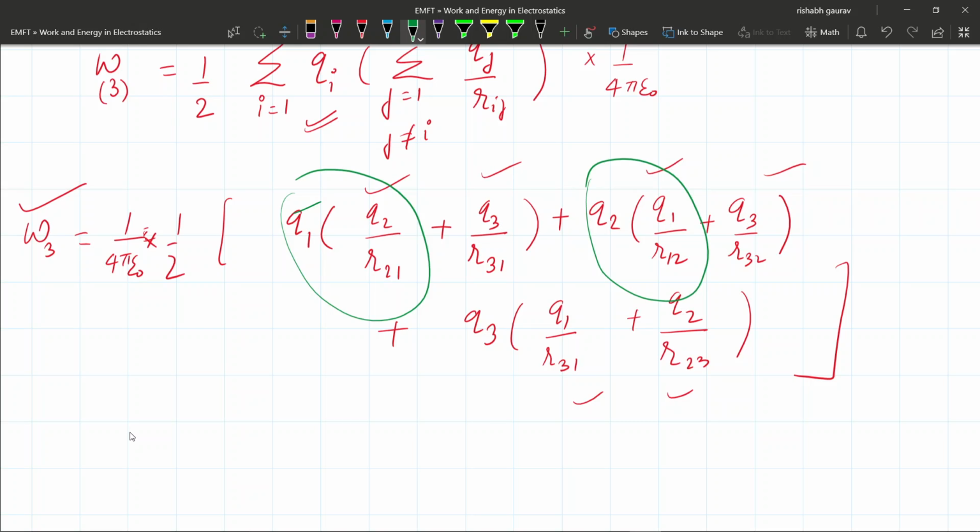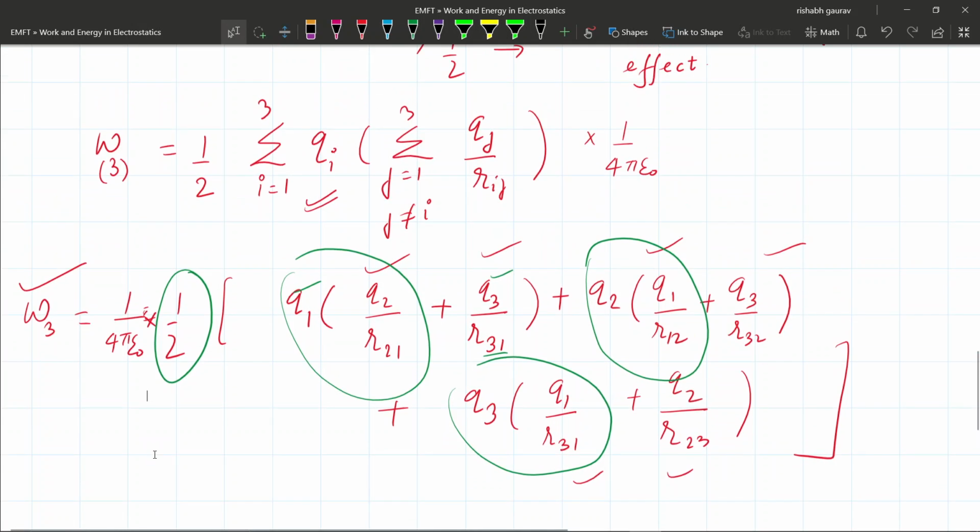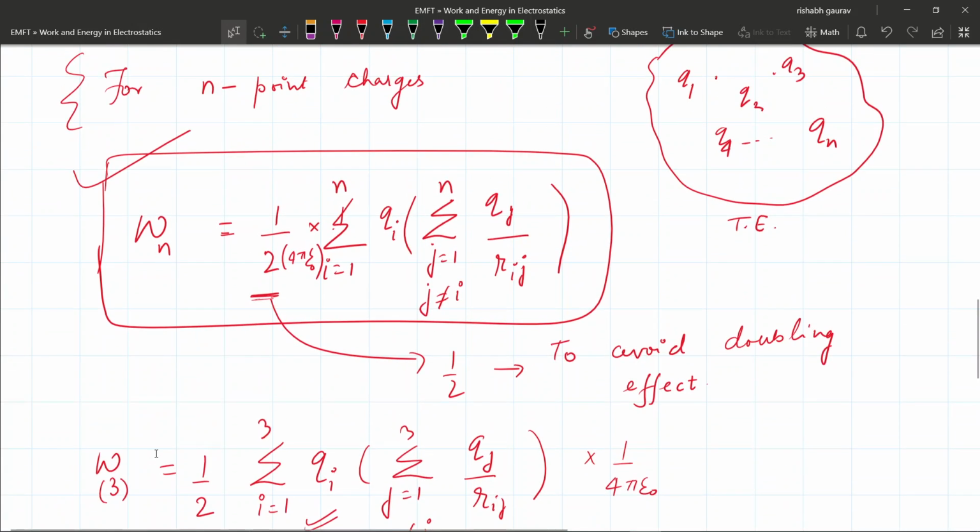If you see q1 into q3 by r31, the same term is present here. Then each term is appearing 2 times. Hence, to avoid this doubling effect, the term 1 by 2 is multiplied in the whole equation. Hence, this whole equation for the system of n-point charges is verified for 3-point charges.